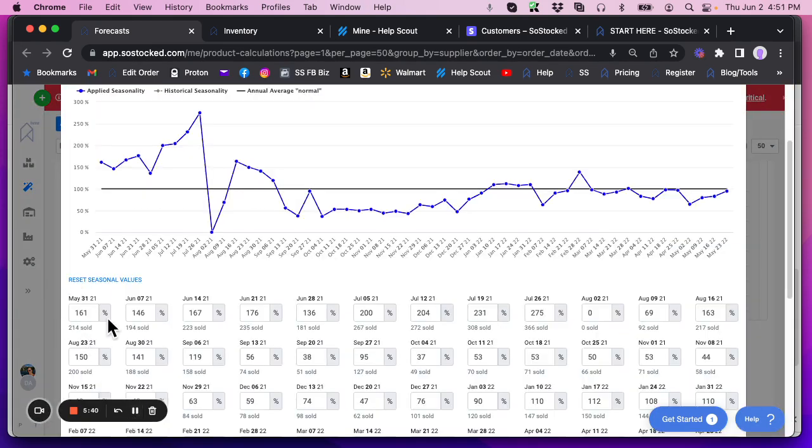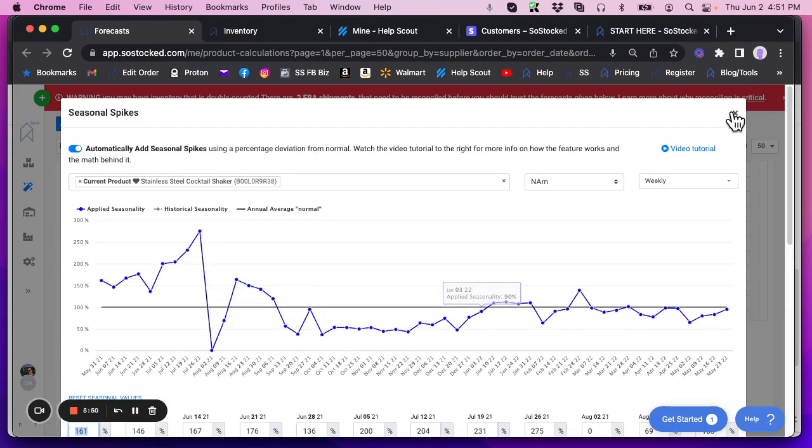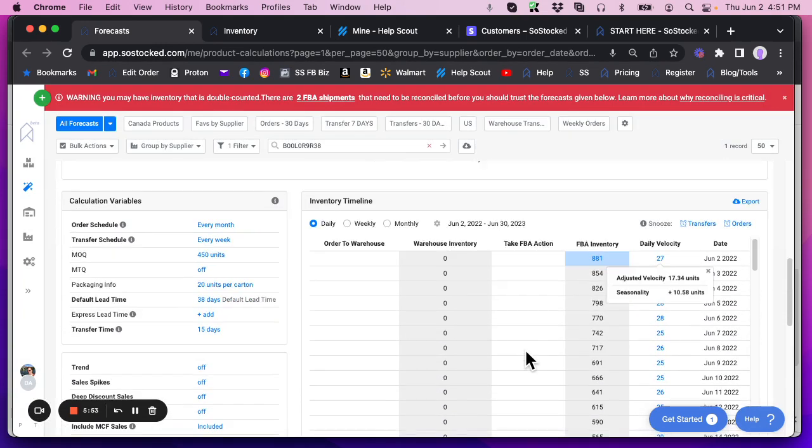Again, the math gets a little bit complicated, but essentially we're applying this percentage and recalculating the current annual average based on your trend, and then applying that curve to the current year. You can save this and apply it to any products, and this makes seasonality much more automated and much more fun.